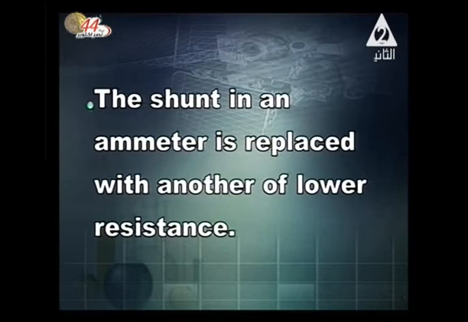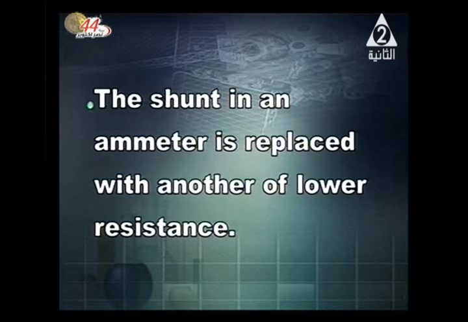What happens when the shunt in an ammeter is replaced with another of lower resistance? The question means we've got a shunt, we replace it with another shunt, but the second shunt has a lower resistance.